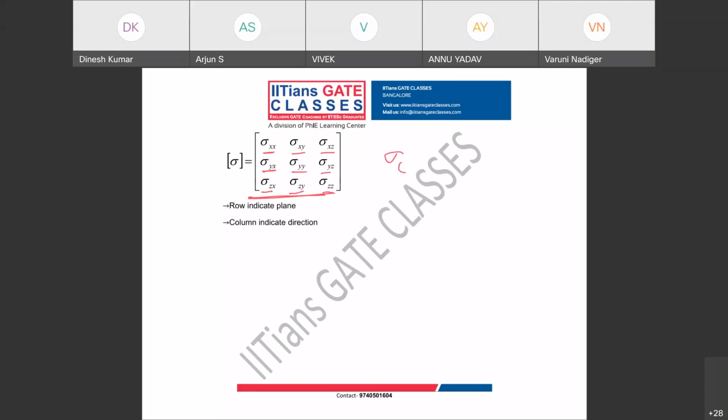So this is your sigma ij matrix for a three-dimensional stress system. Clear, guys? How many stress components are you seeing in total? 9.